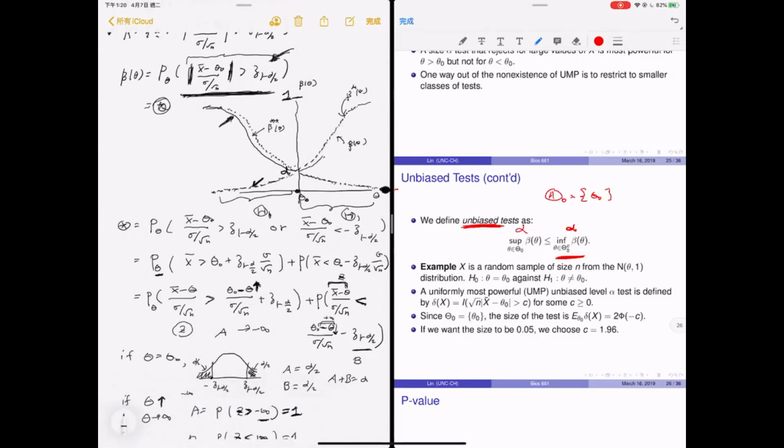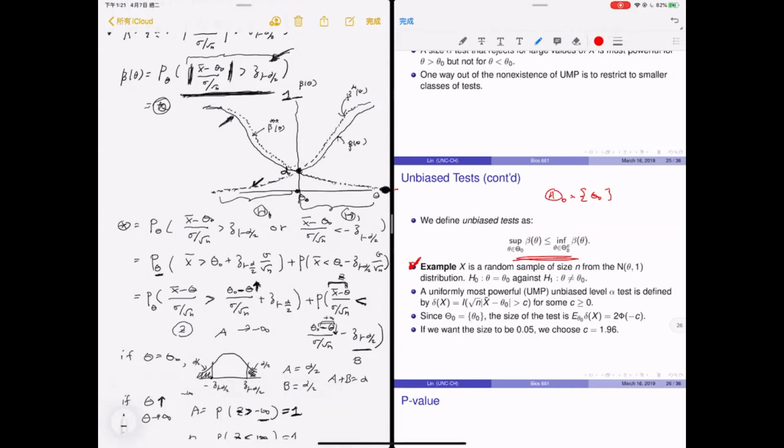So this is the real line, and this is the sup of beta theta, and it is also the inf of beta theta under the alternative space. So our two-sided power function satisfies the unbiased test. Good. Then you'll be able to show that this test is going to be the most powerful among these unbiased tests.